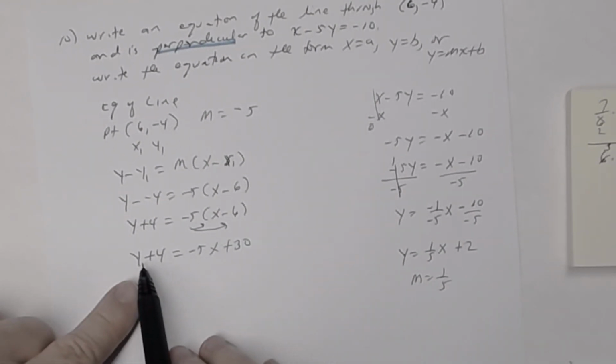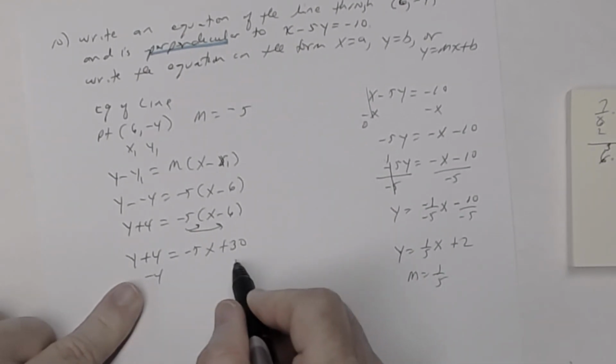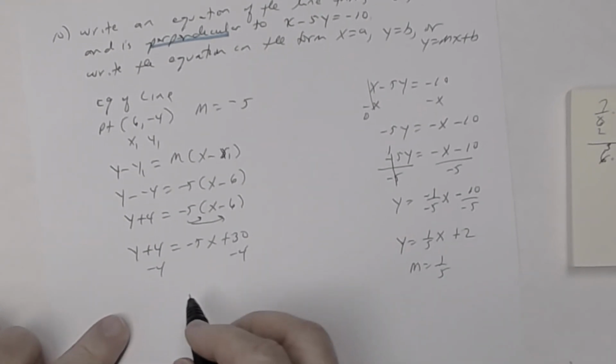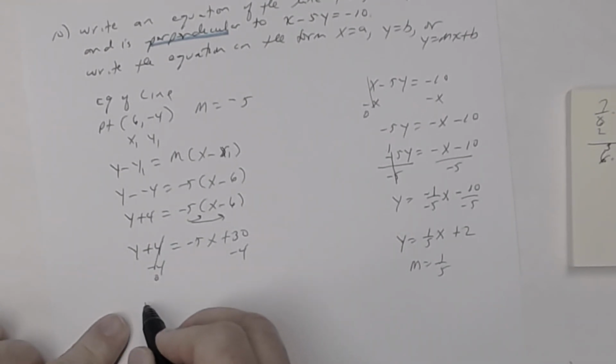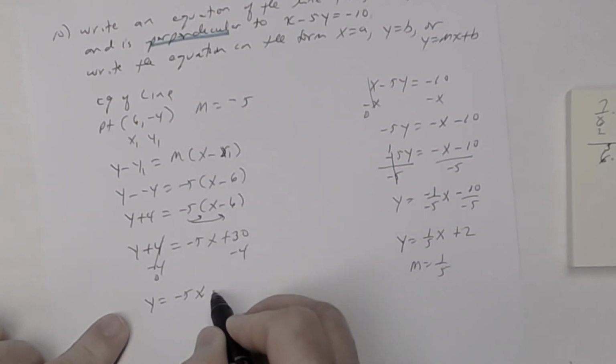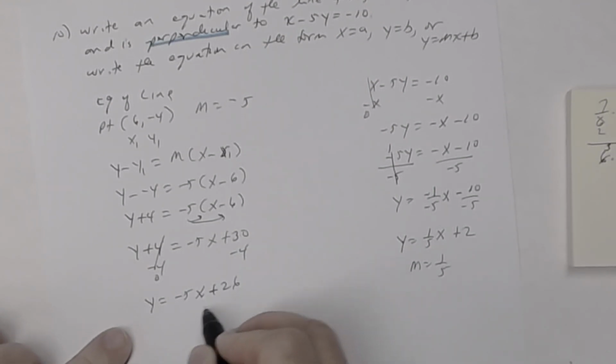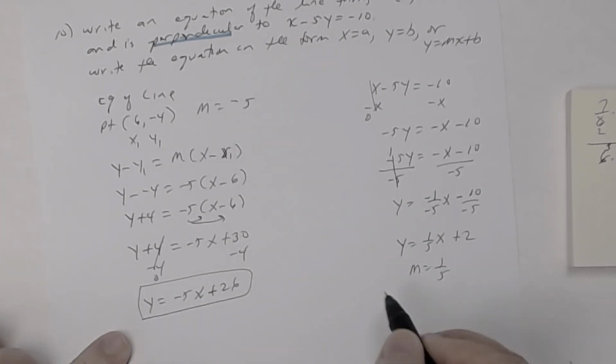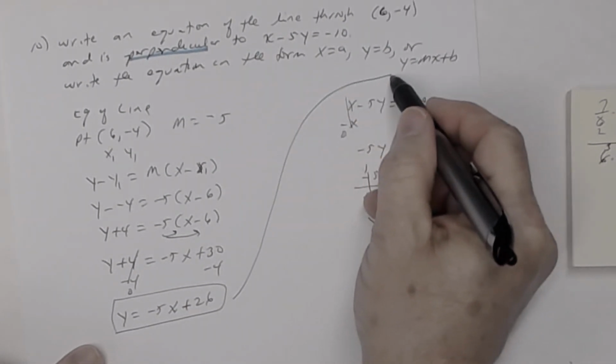And so I do have a y variable, so I'm going to get it by itself. I'm going to subtract 4 from both sides. Notice I'm aligning my like terms. 4 and -4 is 0, so I get y equals -5x, 30 and a -4 is a positive 26. And there's your answer. Okay, so that's actually a slanted line.